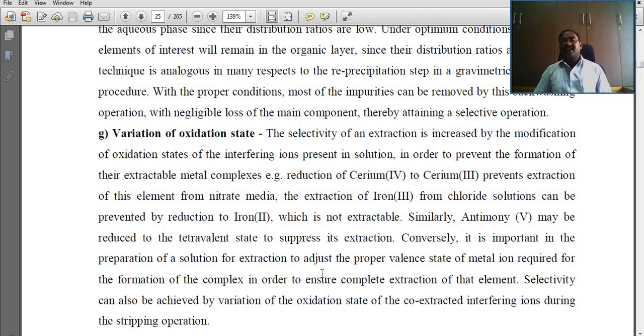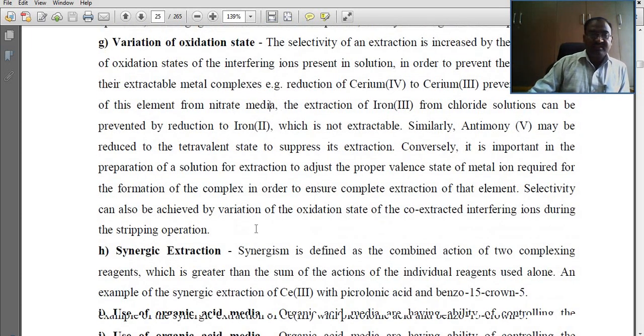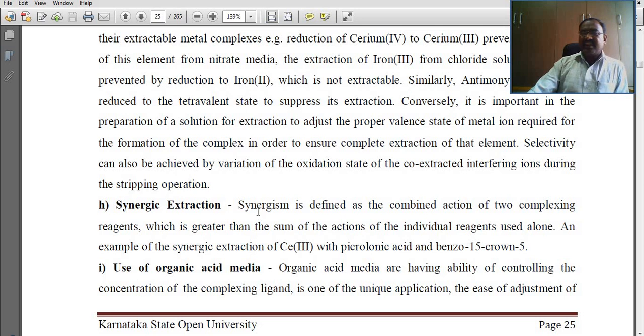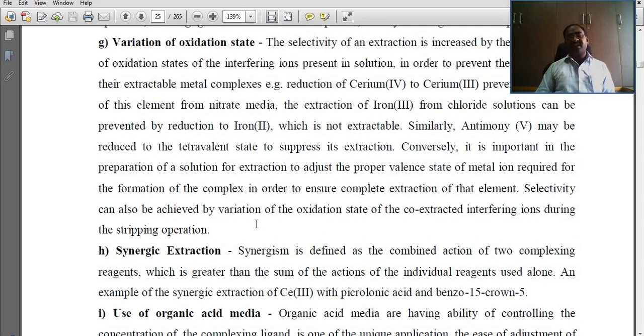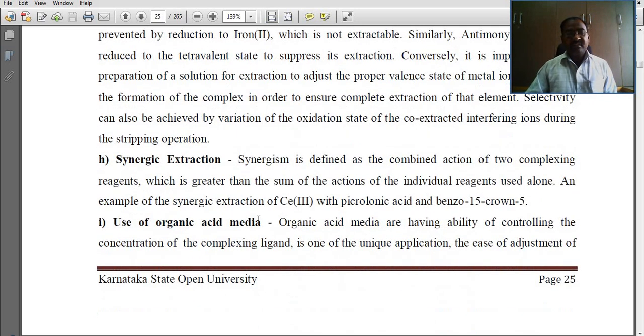Consider examples like the reduction of cerium 4 to cerium 3, which prevents extraction of this element from nitrate media. Like that, we consider several examples to explain the thing.